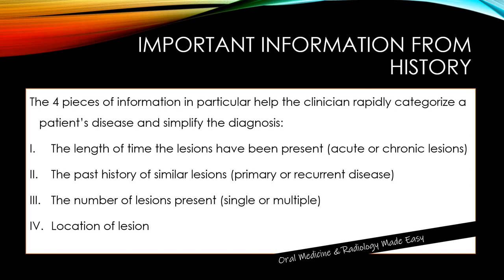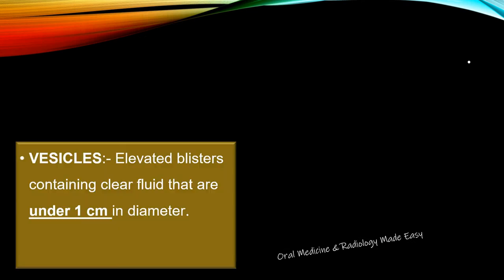The third information we need to know is whether the lesions are present as single or multiple. Most of the viral lesions present as multiple lesions. Location of the lesion is also very important because herpes infection has a tendency to involve mainly the keratinized mucosa. This will help us to arrive at the diagnosis easily.